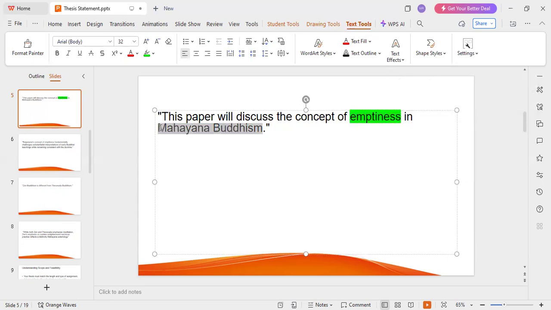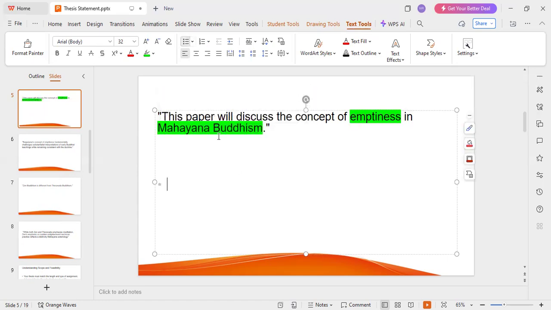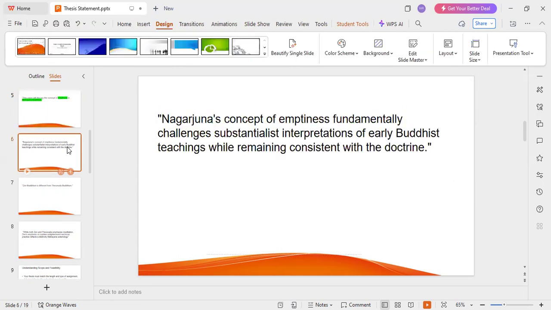You can see only two keywords. If you want, you can consider Mahayana and Buddhism as two different keywords, but that does not make much of a difference to the scope. Emptiness and Mahayana Buddhism, or else, if you divide it, emptiness, Mahayana, and Buddhism.